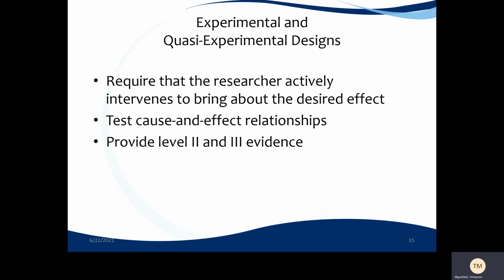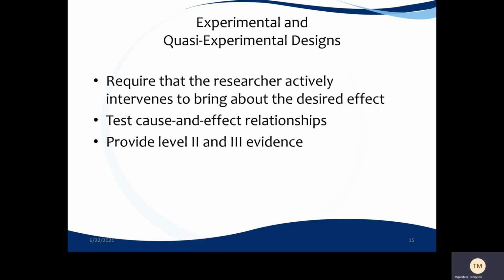And each of these have categories underneath them. So you will be exposed to those, but in general, that's what the different design spaces in quantitative research look like. So now from that, we talk about a true experimental design.